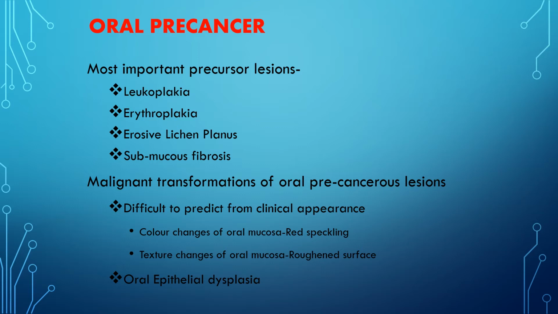The global incidence is estimated at 2.5 million individuals. Malignant transformation is estimated to be in the range of 7 to 13%. Now we go to malignant transformation of oral precancerous lesions. Actually, it's difficult to predict from clinical appearance, right? And oral epithelial dysplasia.